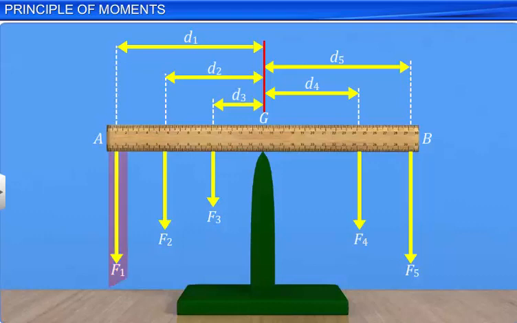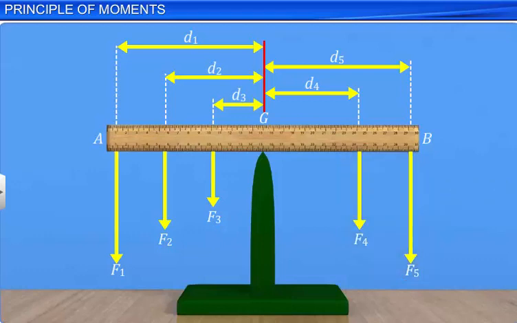Forces F1, F2, and F3 produce anti-clockwise moments about point O, and these moments are taken positive by convention. Forces F4 and F5 produce clockwise moments about point O, and these moments are taken negative by convention.